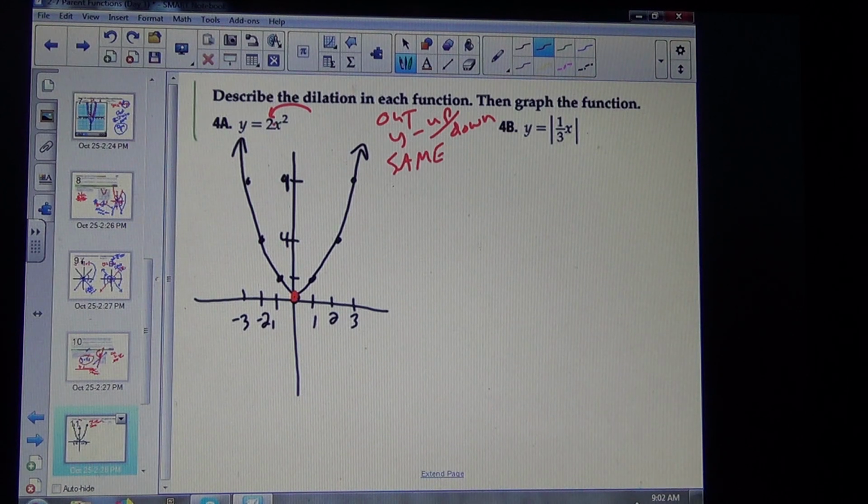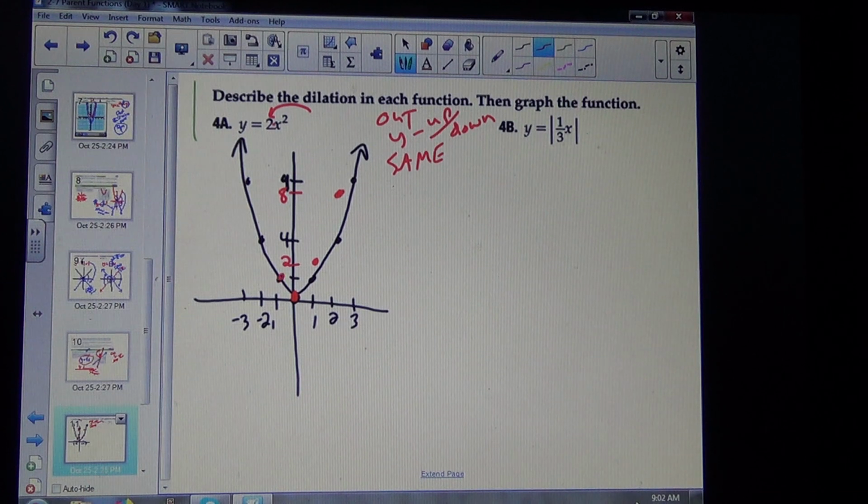So 0 times 2 is 0, so it doesn't move. Here the y value is 1, so 1 times 2, what's going to happen to that guy? Well, 1 times 2 is 2, so now that's going to move up. Let's ungroup that here. So 1 times 2, that will be moving up to 2. Okay, this spot here is at 4. 4 times 2, what is that answer? 8, so that reflects up to here.